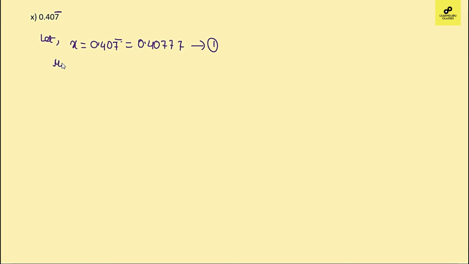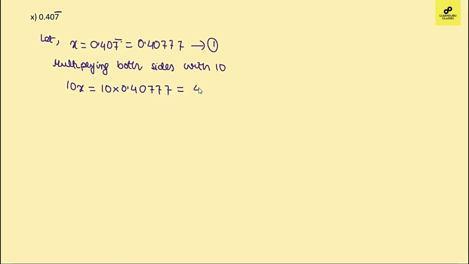So multiplying both sides with 10, since only 1 digit is under the bar. So 10x equals 10 into 0.40777, which is 4.0777. Okay. So this is equation 2.